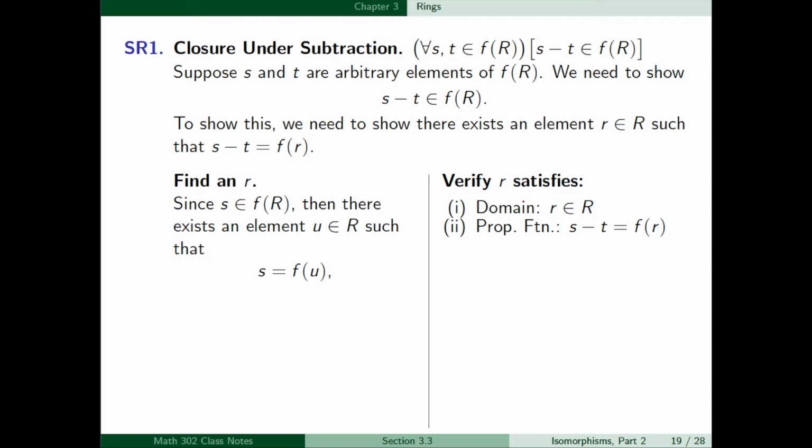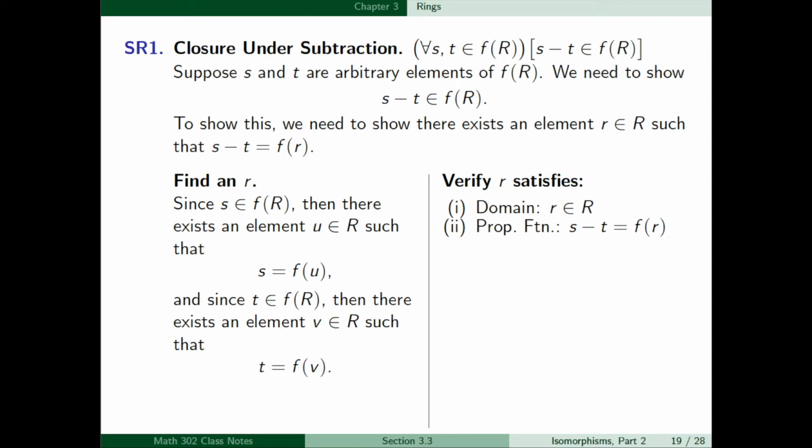Now, since s belongs to f of R, since s is in the image, then there exists an element u in R such that s is equal to f of u. And since t is in f of R, then there exists an element v in R such that t is equal to f of v. So we're going to choose r, the element we're looking for, to be u minus v.